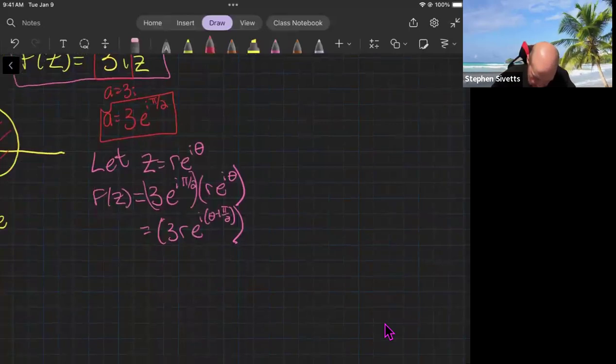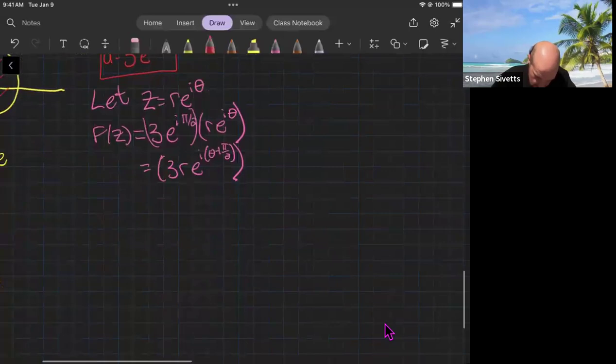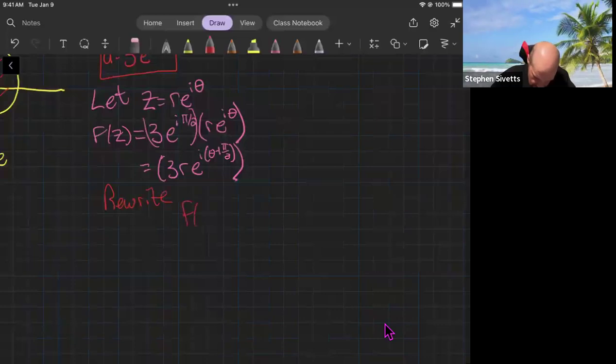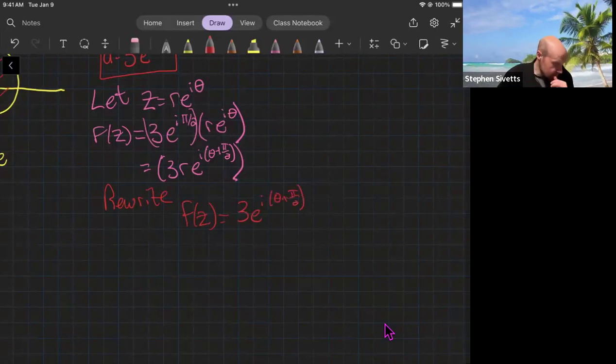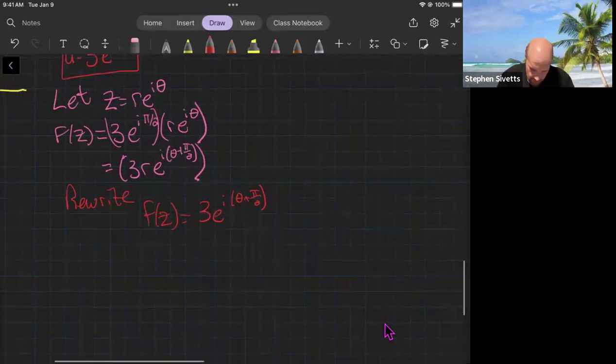So we can rewrite f of z as 3 times e to the i times theta plus pi over 2.